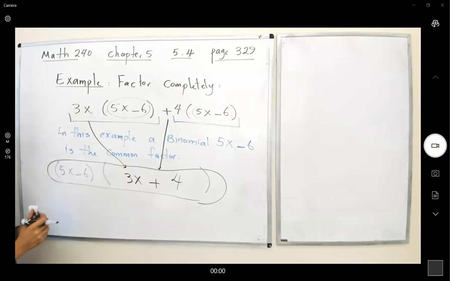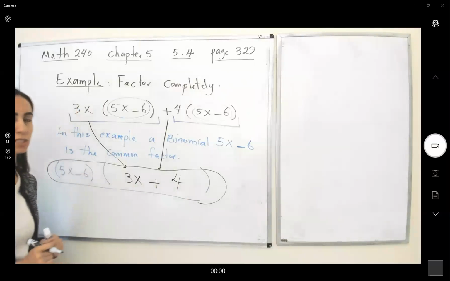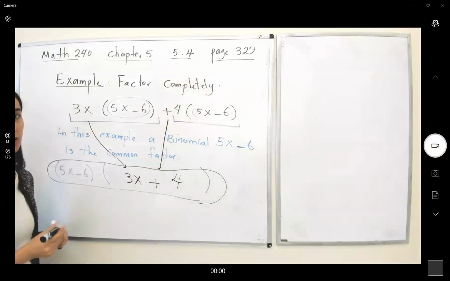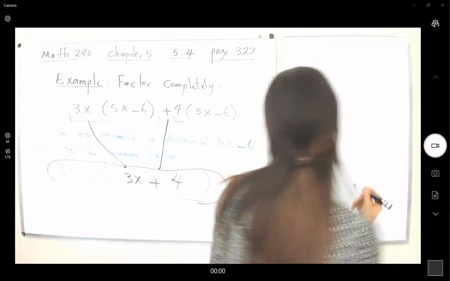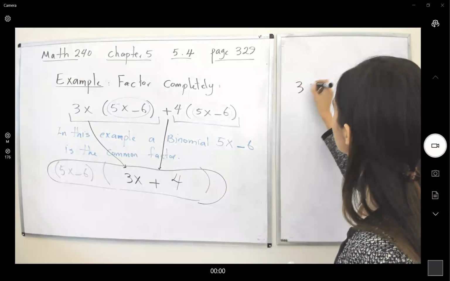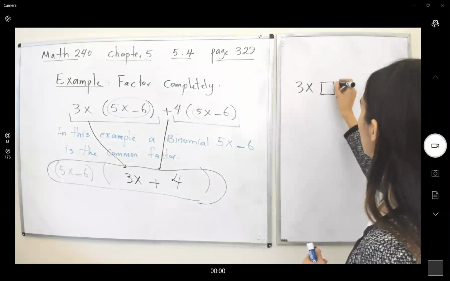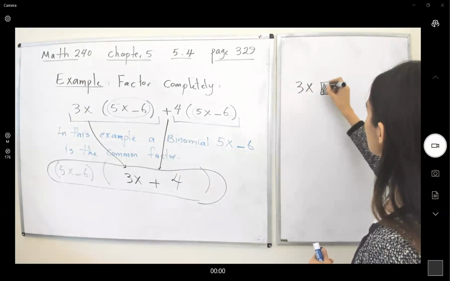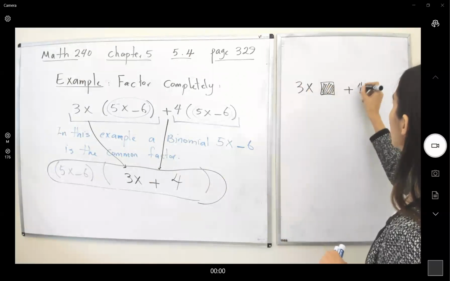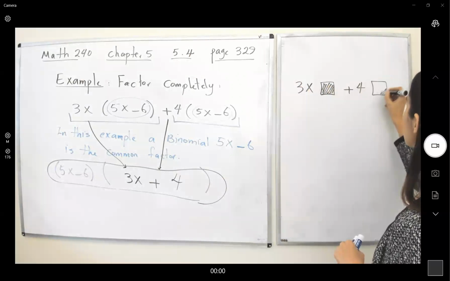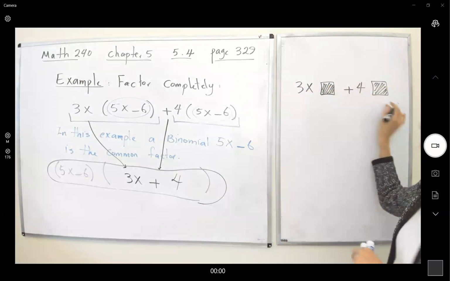Remember that you can multiply 5x minus 6 back into parentheses and you get your original expression. Think about it this way. It was like 3x times a box plus 4 times another box.